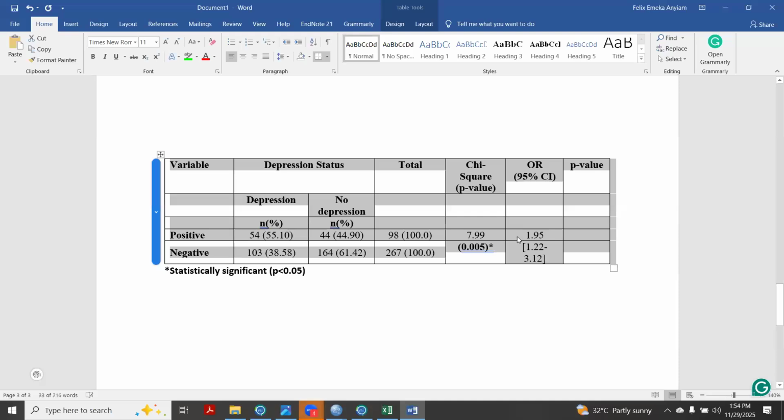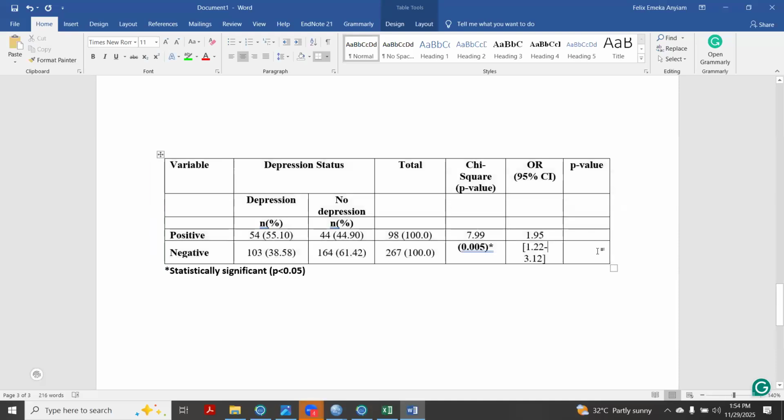Then it's the same P that you use, which is 0.00005, because it generates the same P. So that's why I'm saying if you want to represent everything in the same table, you can just put only the chi-square here and just represent the p-value for this and this. But you can use only this part. Then you can now do another table that houses the odds ratio and the p-value.